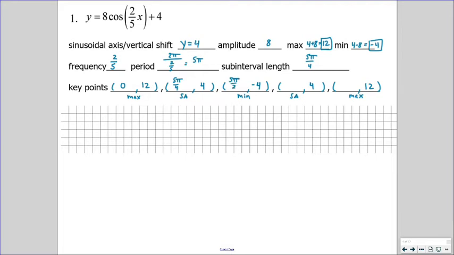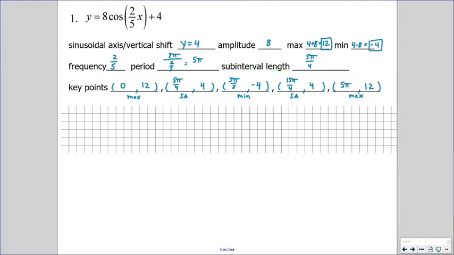And then 15 pi over 4, that doesn't simplify. And then we're going to have 20 pi over 4, which is 5 pi, right? That matches our period. The first 5 key points should get us 1 full cycle, which means we should be ending that last key point at our period when we don't have a phase shift.